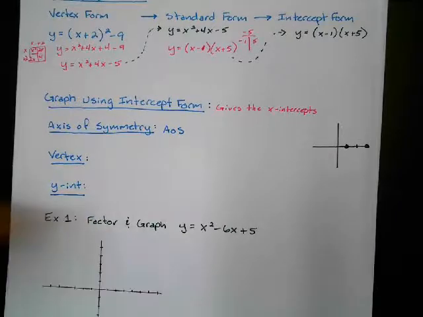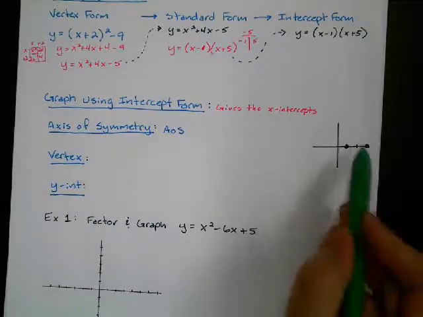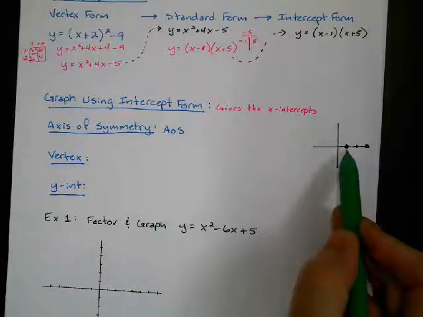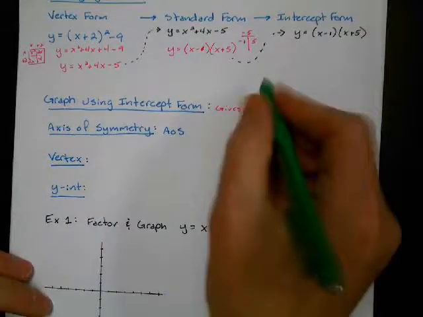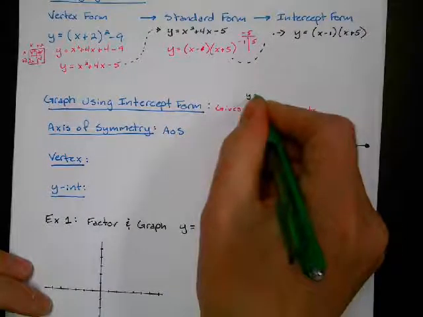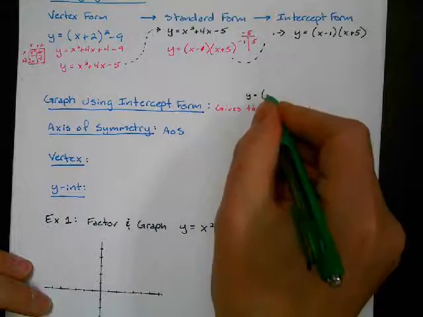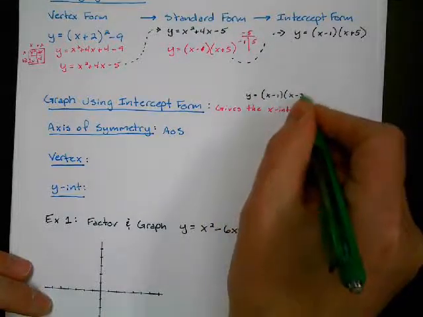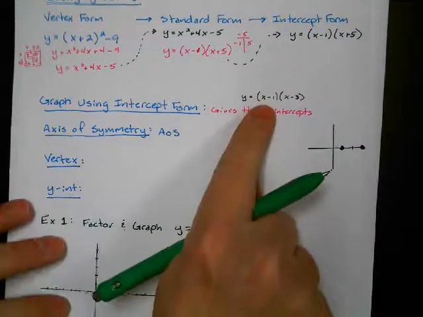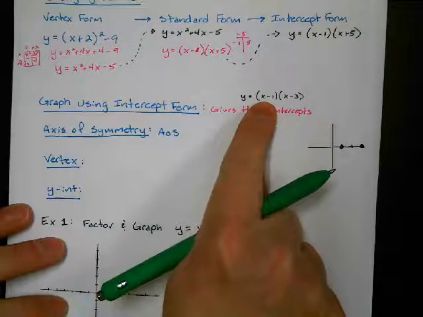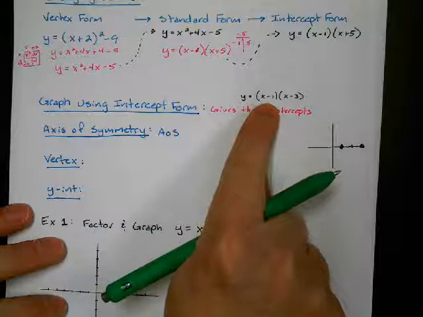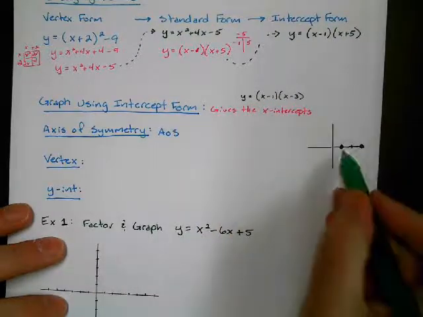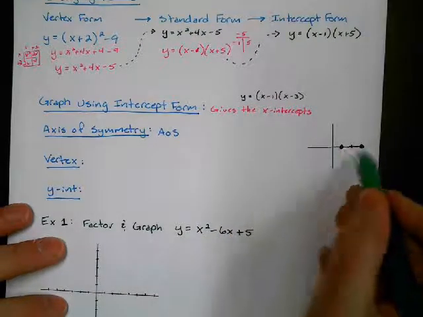So in a situation like this, we might have had a function where it was x minus 1, x minus 3. So our intercepts, remember, we set these equal to 0. So this one would be positive 1, this would be positive 3. So these would be our two intercepts.